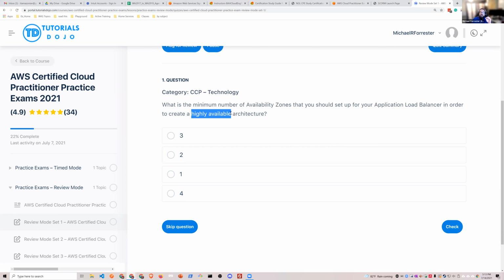Those adjectives like cost-effective, highly available, resilient, redundant, fault tolerant, they're going to throw adjectives in there, and those are going to set the tone for the thing that you're looking for. Because quite frankly, if this was about costs, we'd just run one availability zone, if that were what we were most prioritizing. But here they're asking us to prioritize high availability, which best practice for AWS is to use 2.